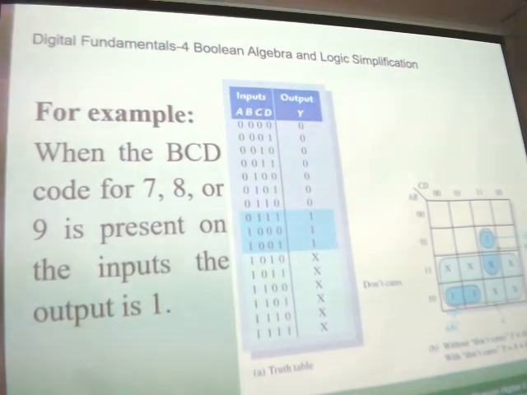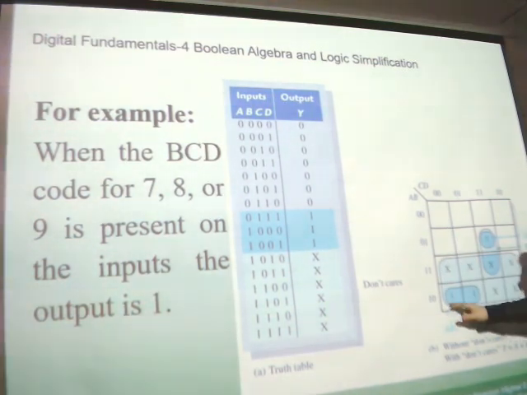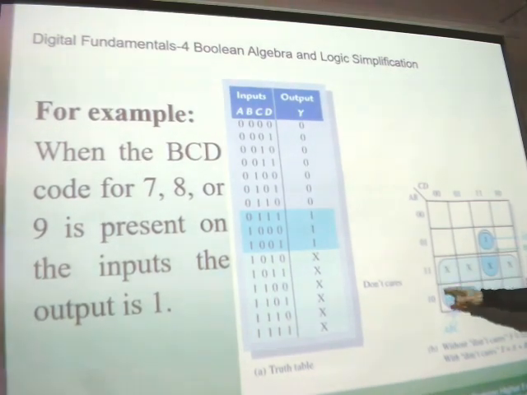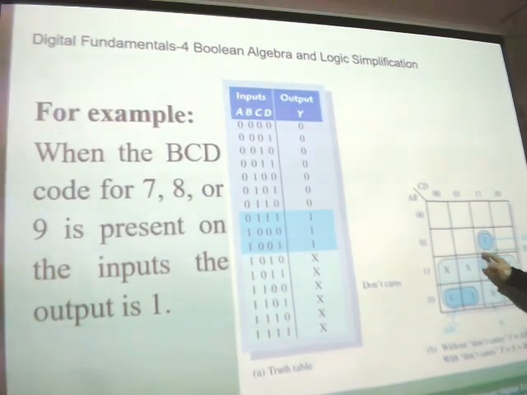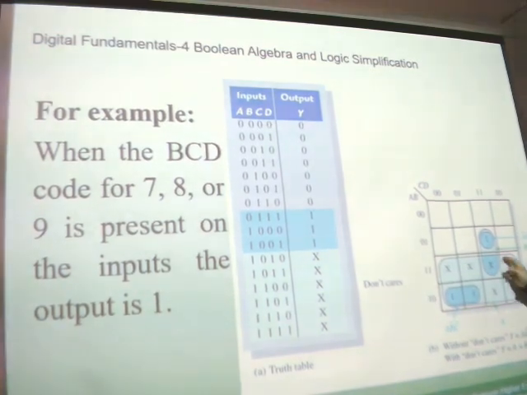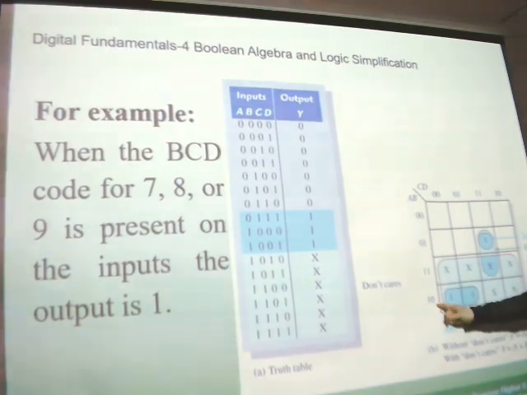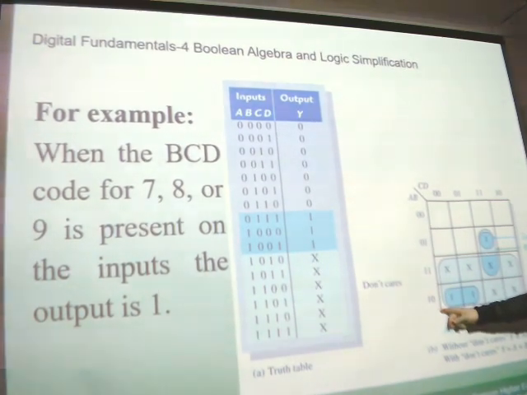So if we use the don't care condition, then for this group the product term is A, B, B bar, so B must be eliminated.